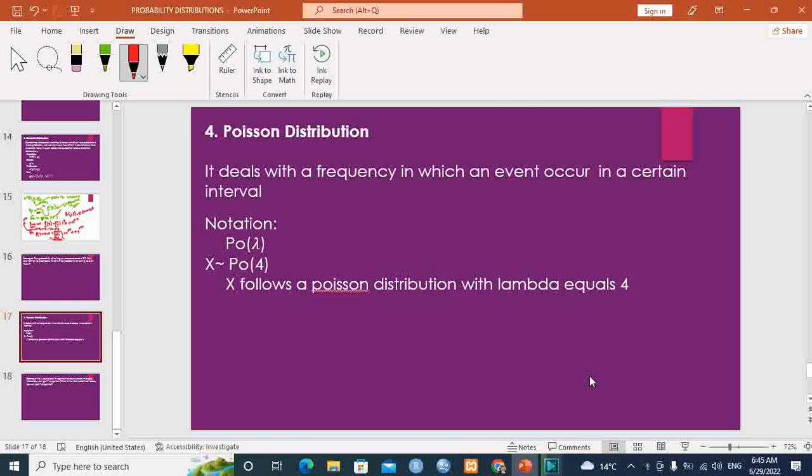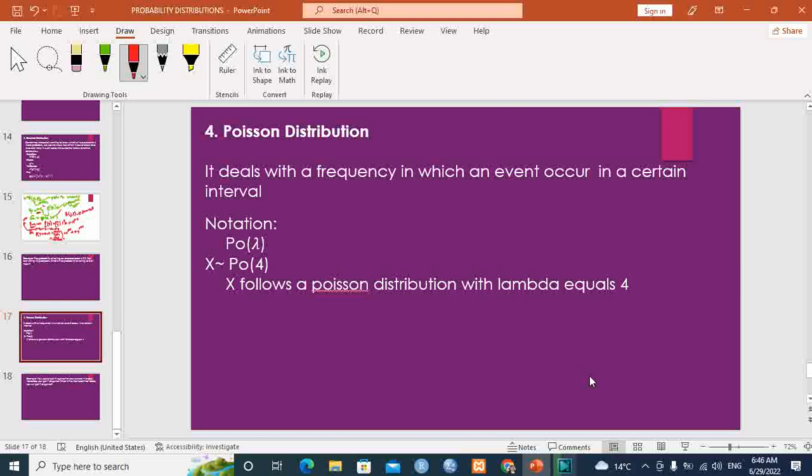For example, in queue modeling at a bank or any other service delivery, it is important to know the Poisson distribution to model how long it will take to serve a customer, how many people are in a queue at a certain time, and so on. It deals with the frequency in which an event occurs in a certain interval. That is what we have already said.